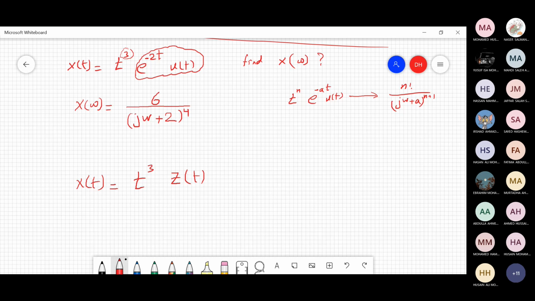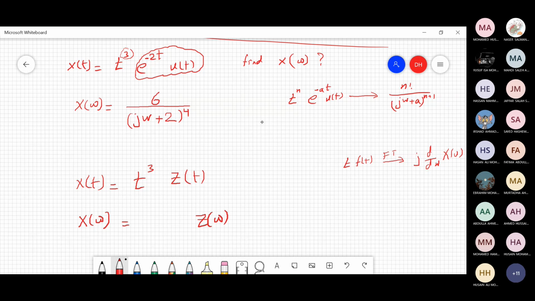There is nothing but using the property that says t f of t. Okay, Fourier transform for it equal to j multiplied by d omega of x of omega. So then x of f or x of omega here, you need to find z of omega.